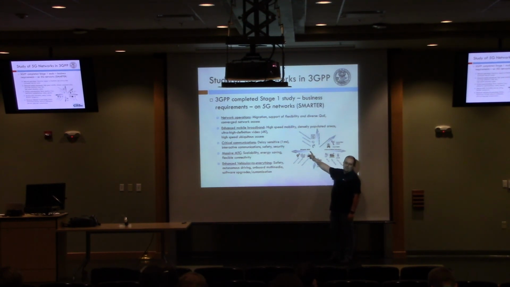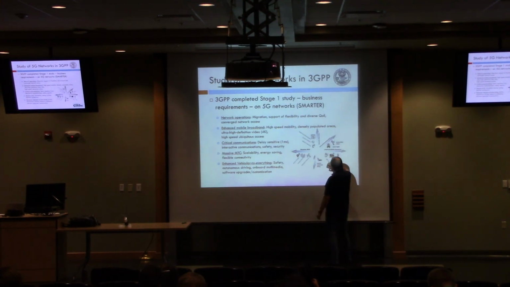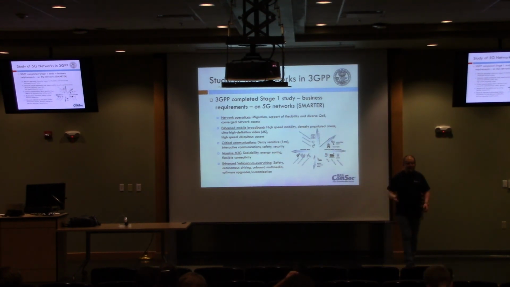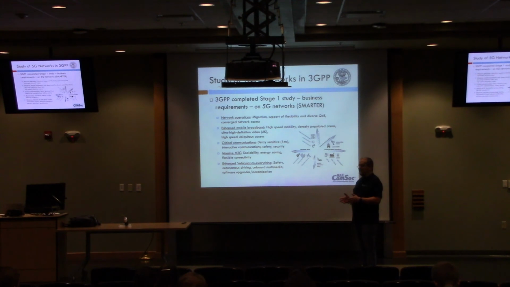Massive machine type communication: you will have massive numbers of devices, billions maybe, with relatively low throughput. Then you have critical communications. Critical communications must have very high reliability, which is, for a telecommunication person, a sort of orthogonal requirement.